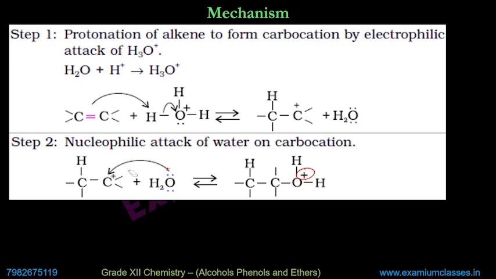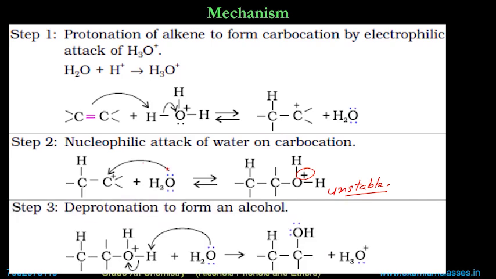Now, when there is positive charge on an electronegative species, it is not very stable. Although, because there was transfer of electrons required, it transferred its electrons and formed the addition product. Addition product means the water molecule got attached. But positive charge on an electronegative species is not stable, so deprotonation happens now.